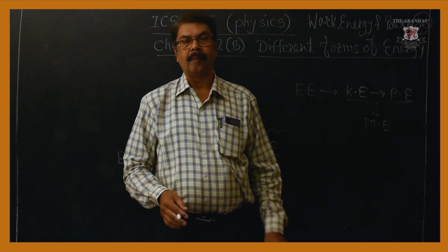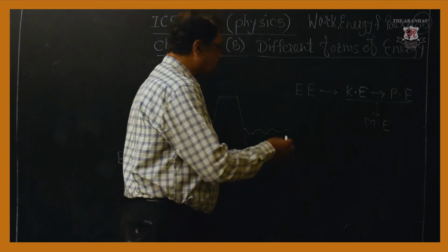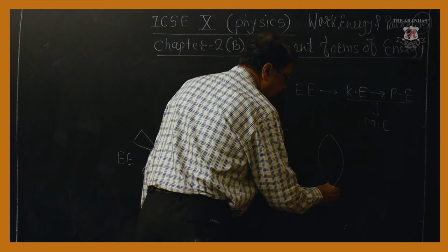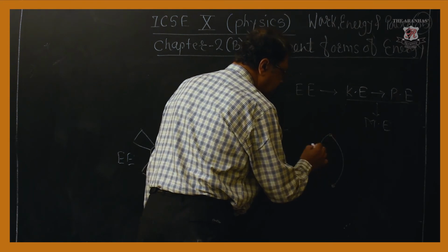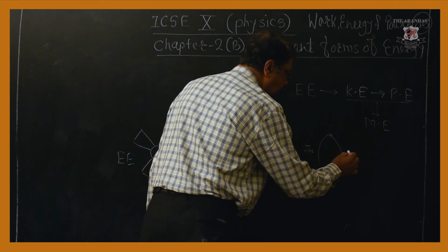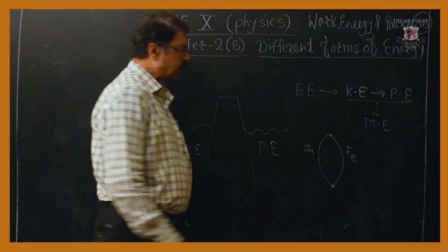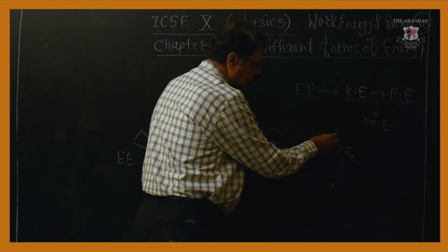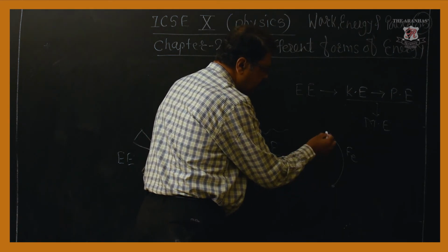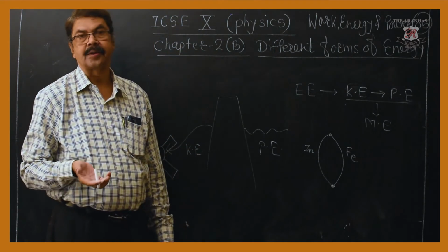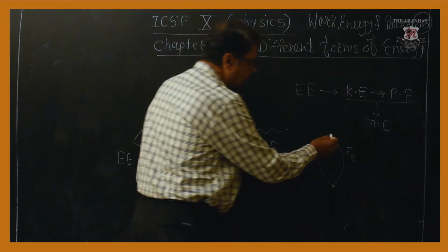Now, thermocouple. It is a junction of two different metals, say zinc and iron, or zinc and cobalt. These two wires of different metals are connected at two different points, and these junctions are maintained at different temperatures. So there is a temperature difference.